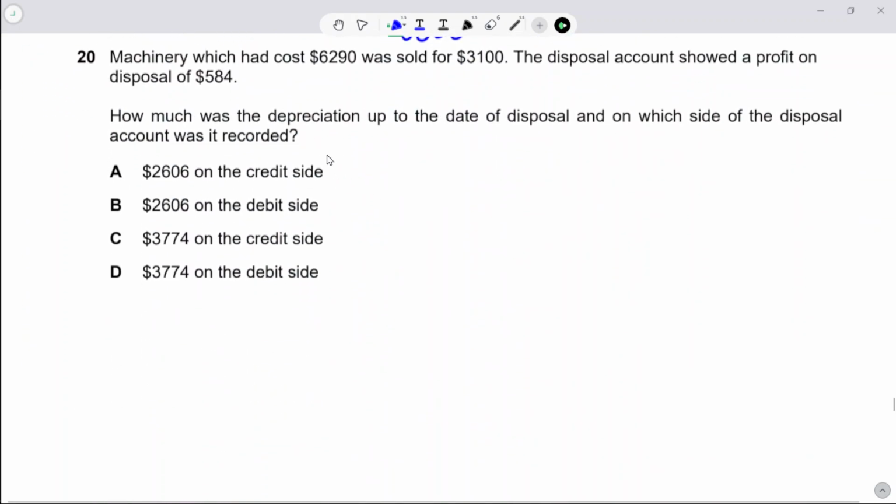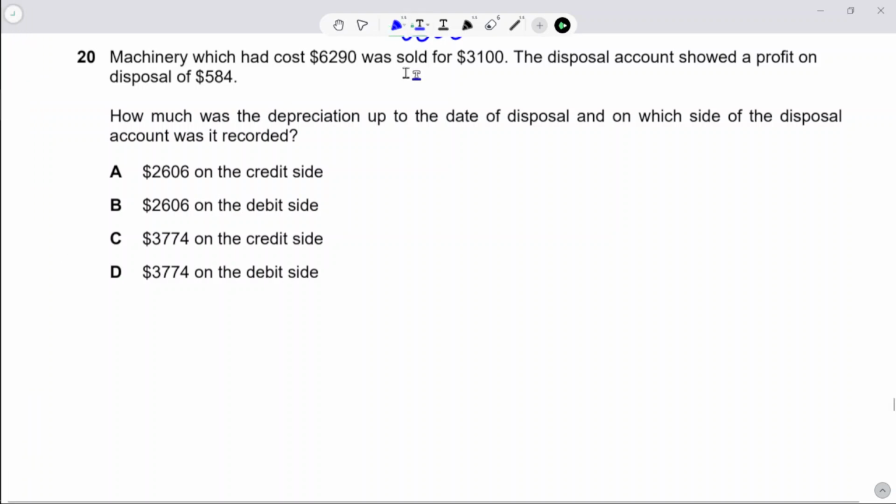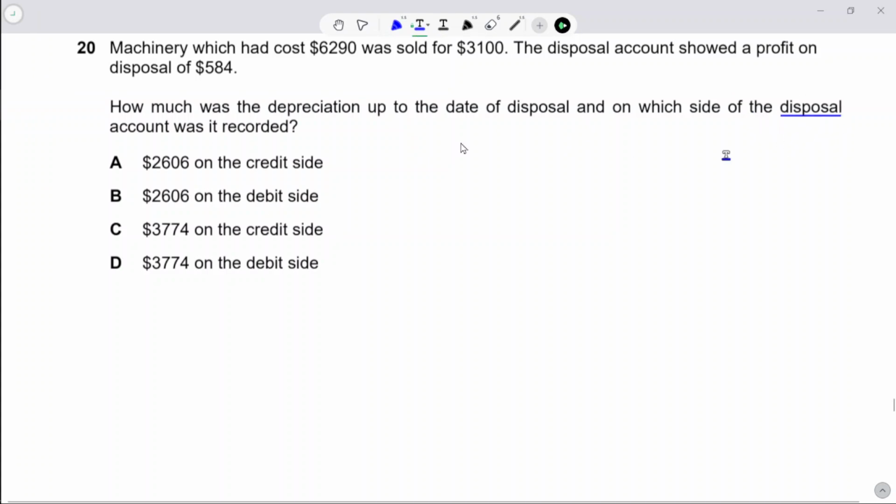Okay. So let's continue. The last line is the disposal account. Also, you want us to find profit. So by default, the profit equals the amount you receive minus net book value.